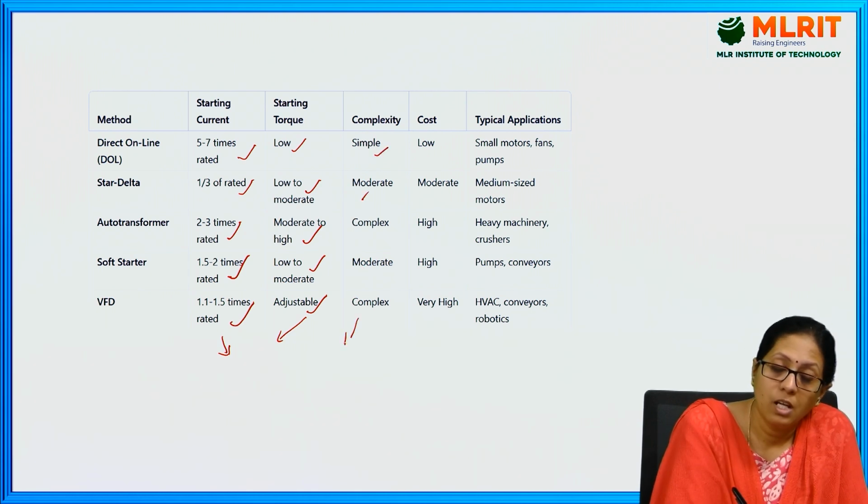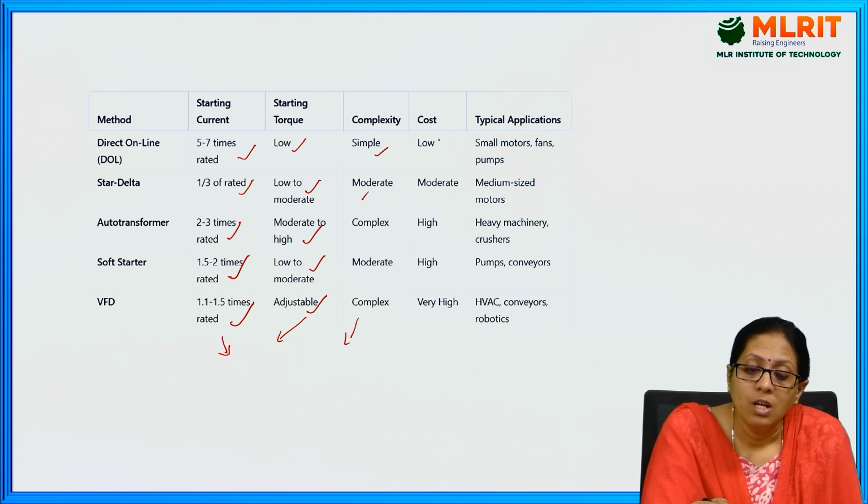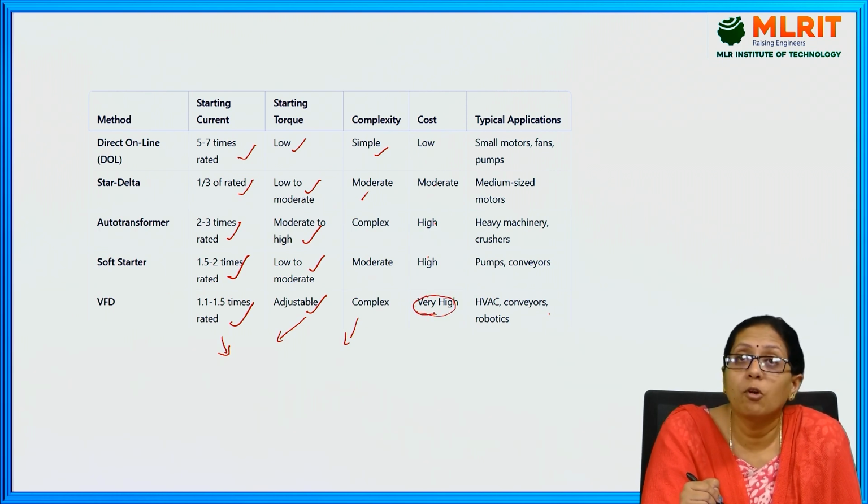This is complex. Here you can see the cost as well. Low, moderate, high, high and very high. Because the controlling is very good here and the number of components which we are using is very high, the cost is also very high. Next one, here the application: DOL we will use in small motors and fans.